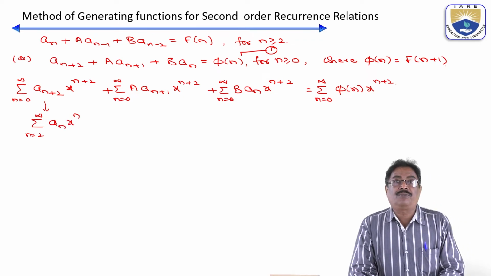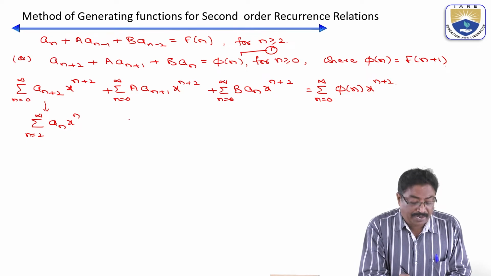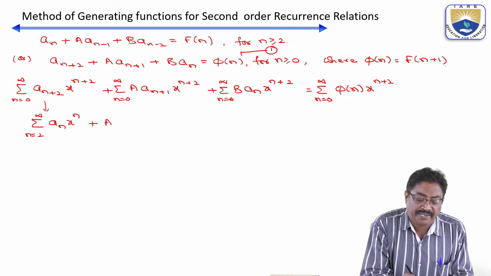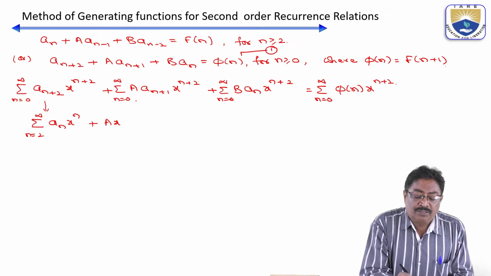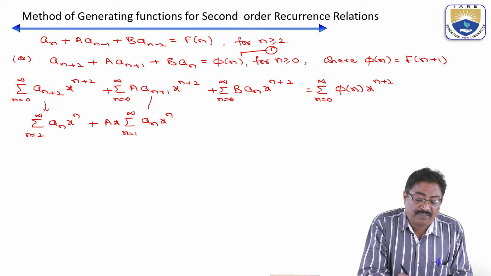In the same way, a is a constant, take it outside, and x also I am going to take outside. So a x times the summation of a_(n plus 1) x to the power of n plus 1, in a similar manner n is equal to 1 to infinity of a_n x to the power of n. So this is equivalent to this.